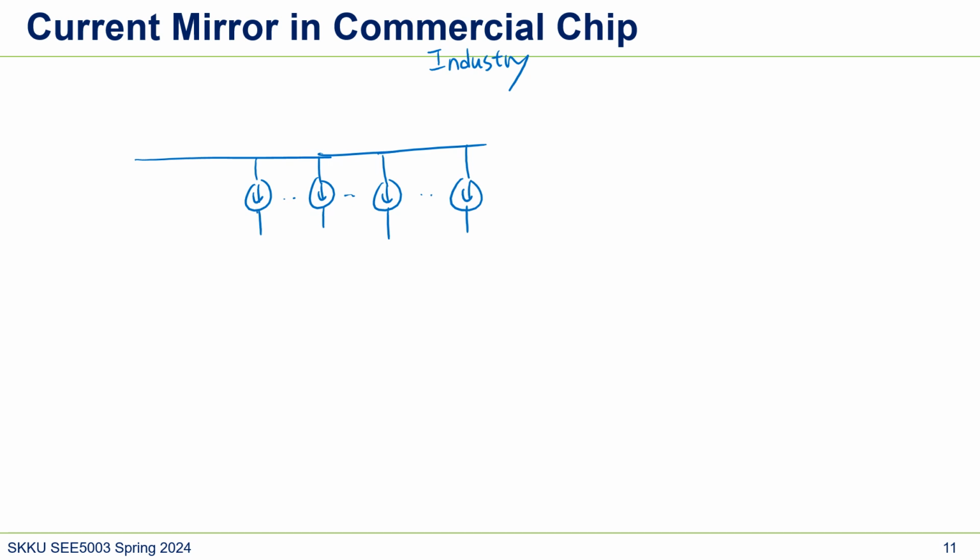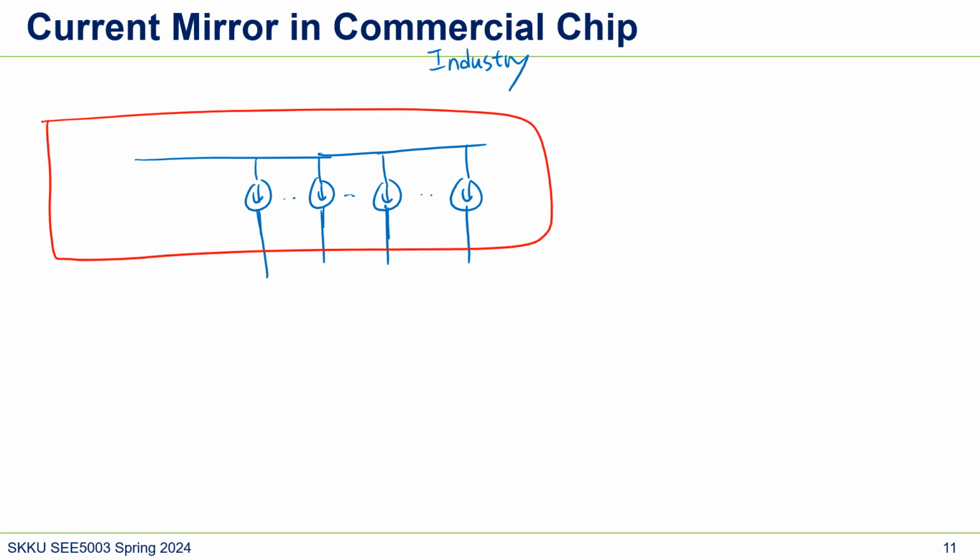We have a schematic block like this, and these are ports. And we have a current reference, like IREF, and maybe it goes to something like this. And then people usually call this the I bias block.